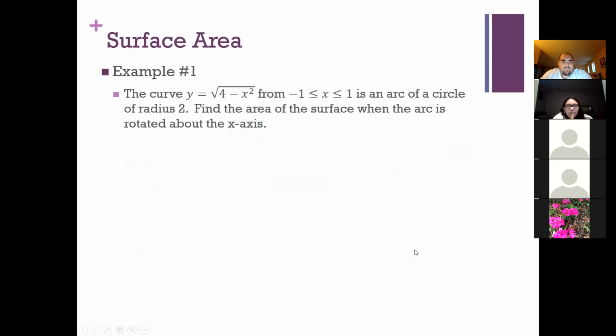Okay, so let's go ahead and start some examples. All right, so this curve is actually part of a circle. So let's draw a graph to get ourselves oriented. This is a circle of radius 2, centered at the origin.